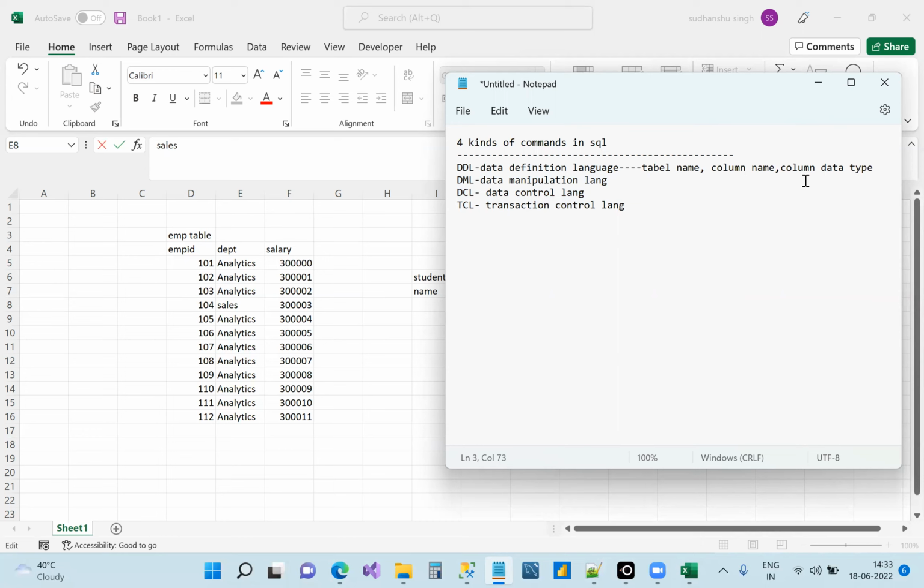And so on. There will be many more. Okay. And data manipulation language is when we are giving values in the table and changing them according to demand. Okay. So this is related to data manipulation.